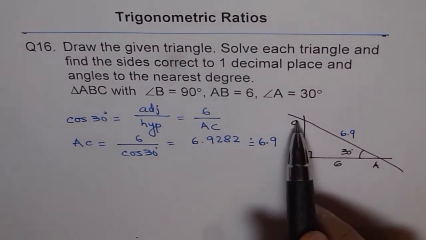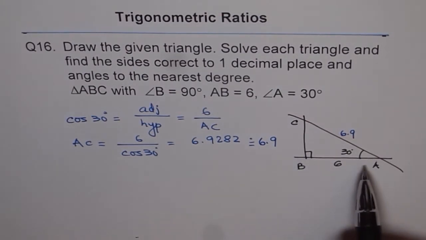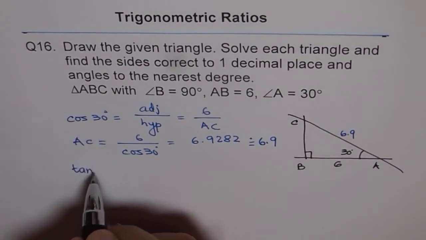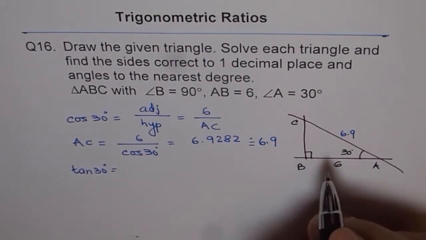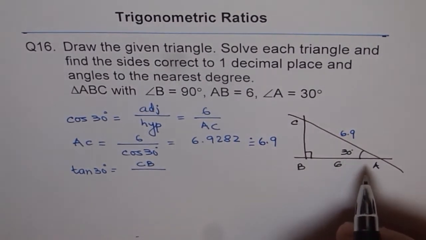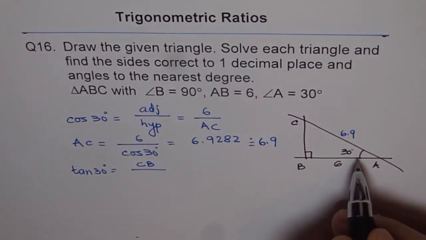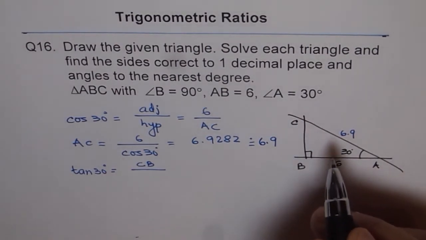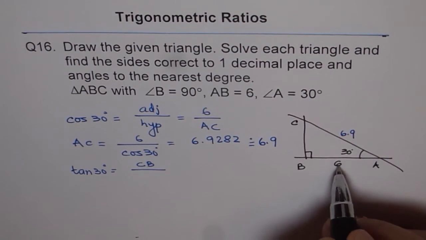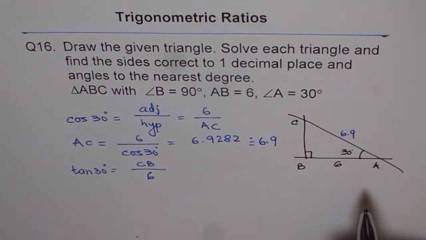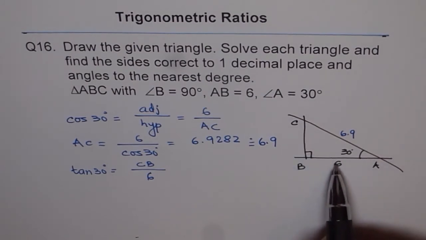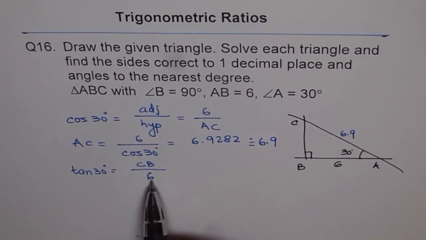Now to find CB, which is the opposite side, we can use the tangent ratio. So we have tan of 30 degrees equals CB over 6, which is given to us. So tan is opposite over adjacent side. So CB over 6.